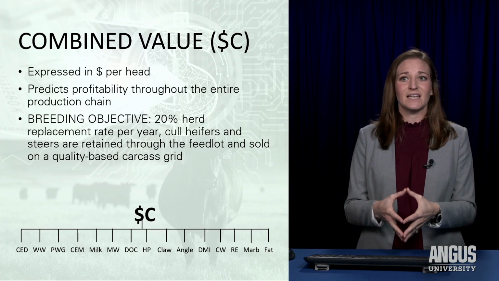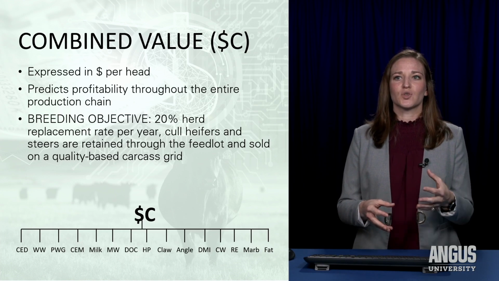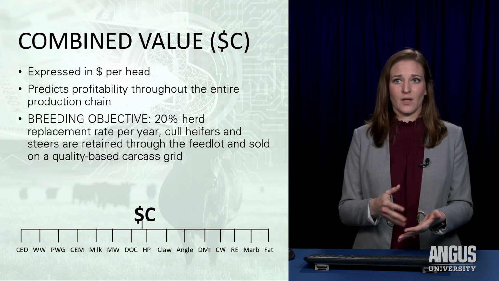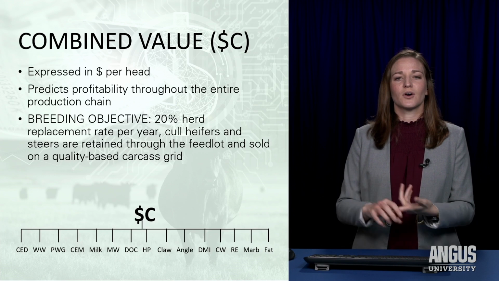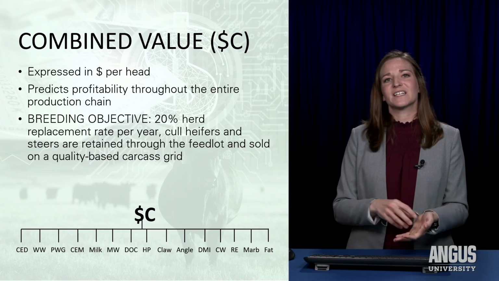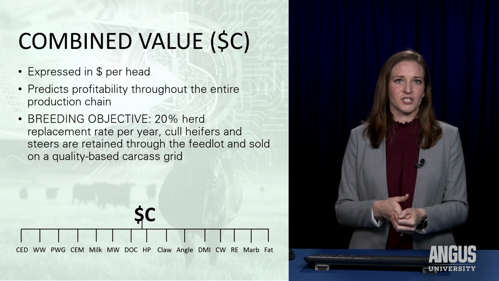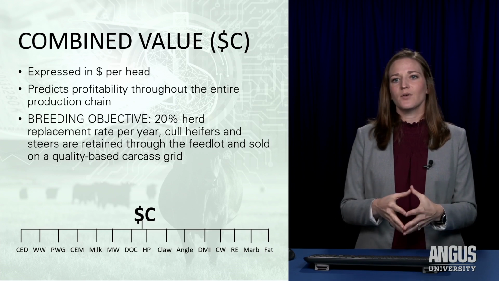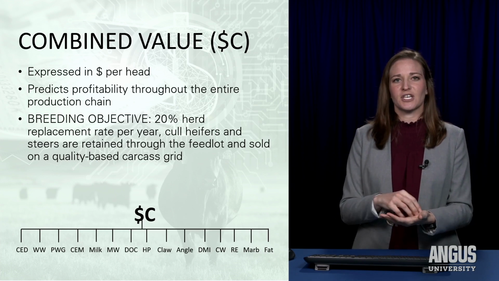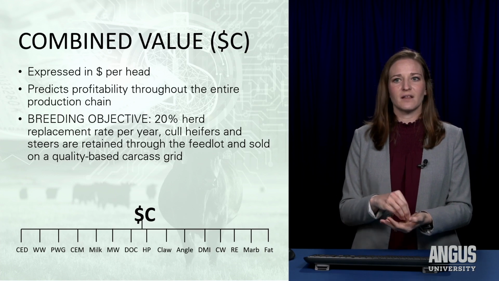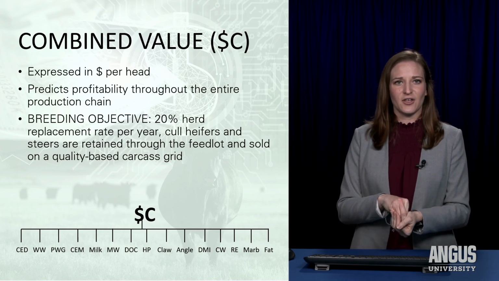So it's a combined index that's looking at a 20% herd replacement rate each year. Those cull heifers and steers are retained through the feedlot phase, and then they're going to be sold on a quality-based carcass grid. So you can see down below each of those component traits, or each of those EPDs, that are directly involved in the $C value.